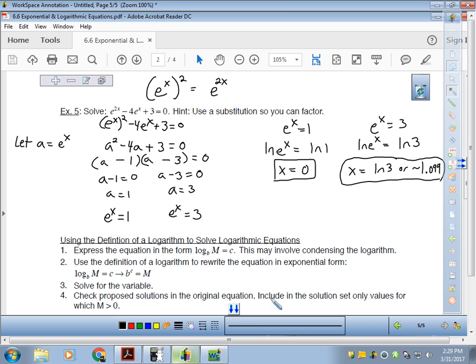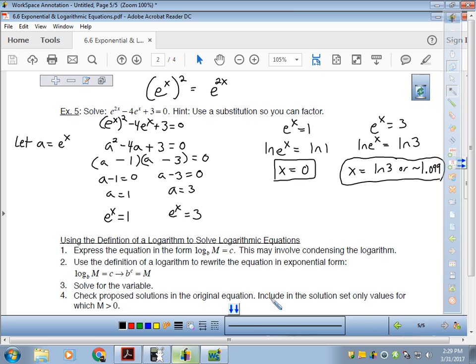Once you've done that, then in step 2, you are going to rewrite the logarithm as an exponential function. Just like we did in 6.4, you're going to take your logarithm and just rewrite it as an exponential. Step 3, you will solve that equation for the variable and figure out what your variable equals.